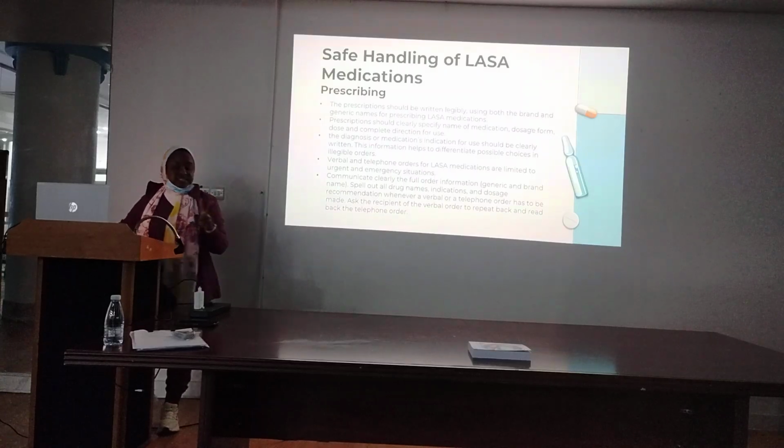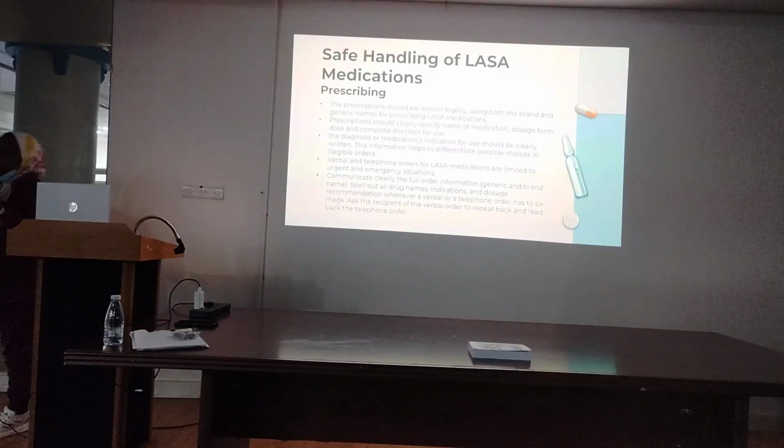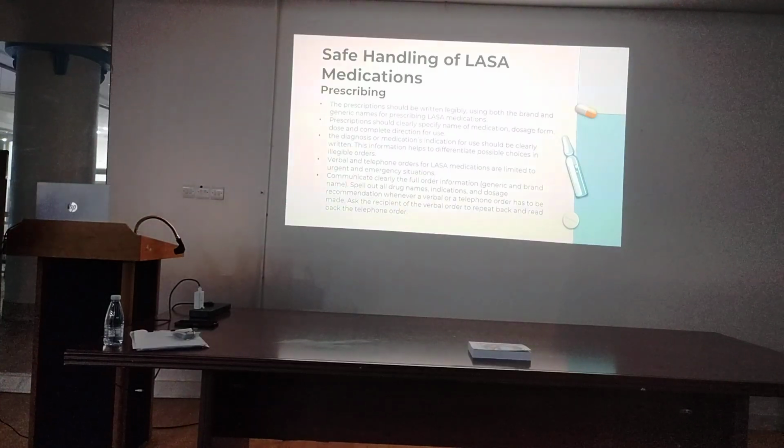This is one thing. The second thing, diagnosis should always be stated in the prescriptions for the LASA medication because medicines such as Ezipan and Ezilax, these are two medications, these are LASA medication, but each of them is used for something different. Ezilax is a laxative, Ezipan is a cough syrup.